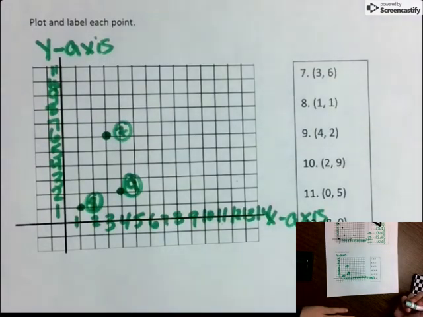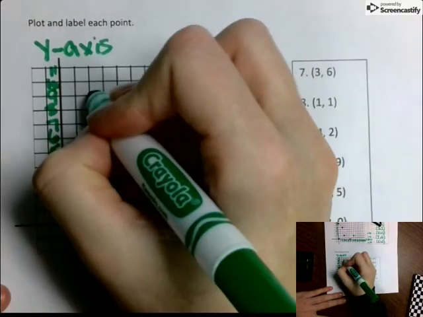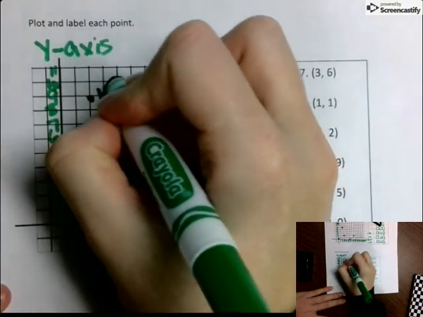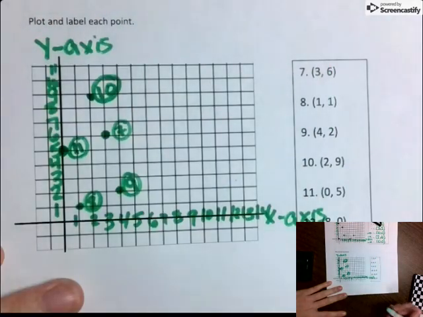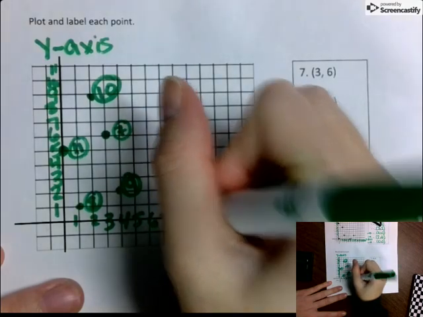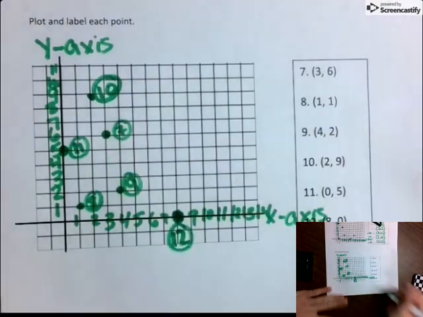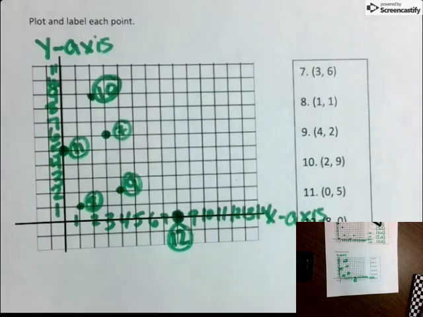Try the other 3. Welcome back. For 10, it should be here. 11, it should actually be on the y-axis. And 12 should be on the x-axis. Okay? That is how you work with coordinate grids and plotting points.